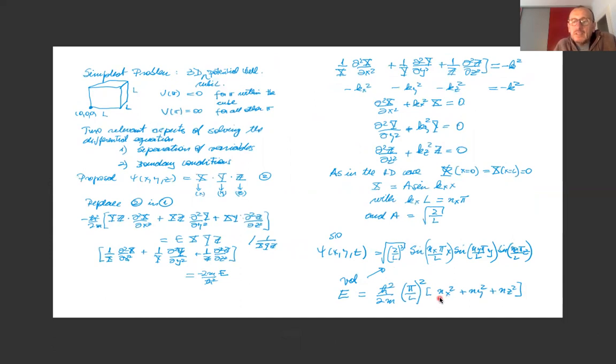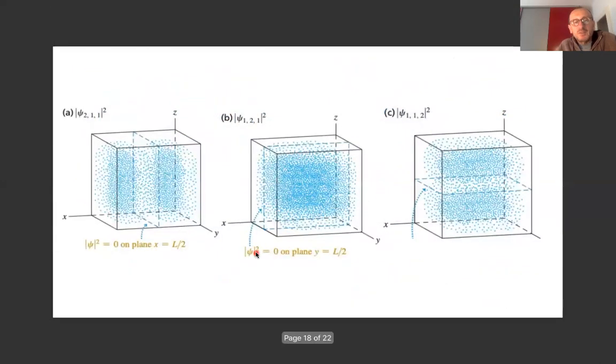The ground state here is produced when nx is equal to ny, is equal to nz, is equal to 1. That is the one with one big lobe associated to the product of the three wave functions.